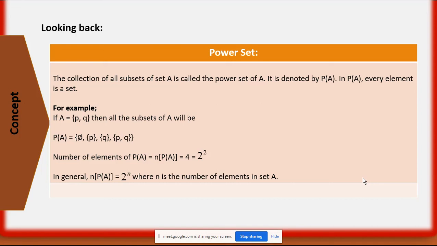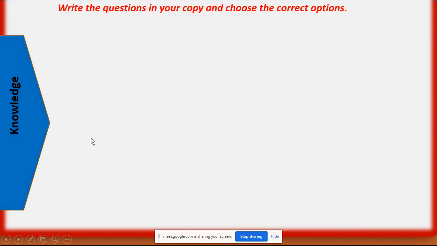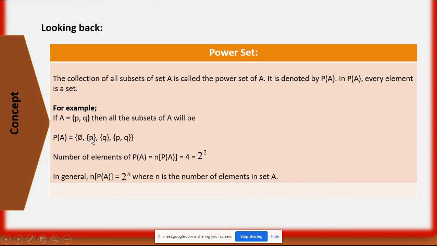If we observe here, what is the cardinal number of P(A)? How many subsets are formed here? The first is the phi set, the second is the P set, the third one is the Q set, and the next one is PQ. Here are 4 subsets.